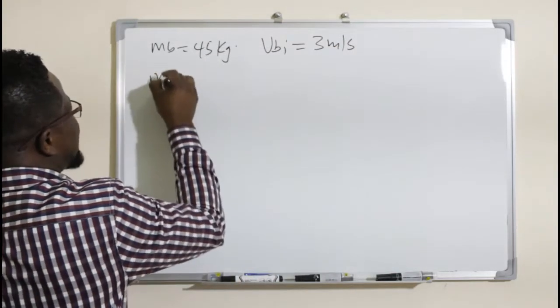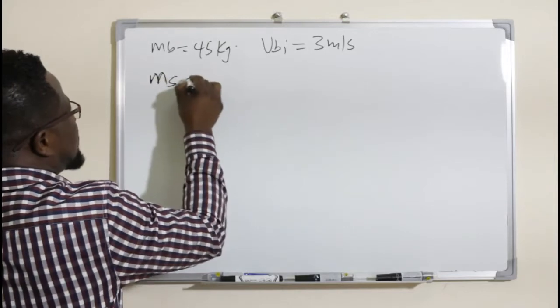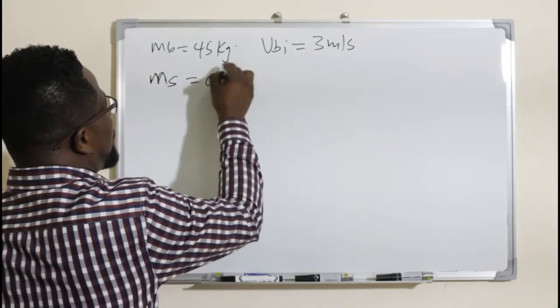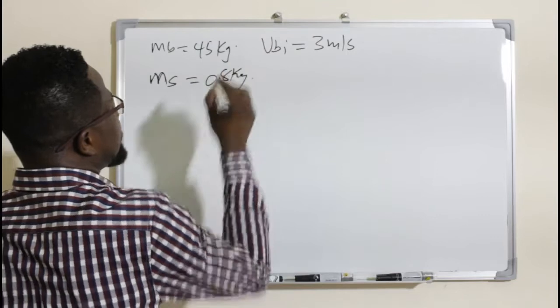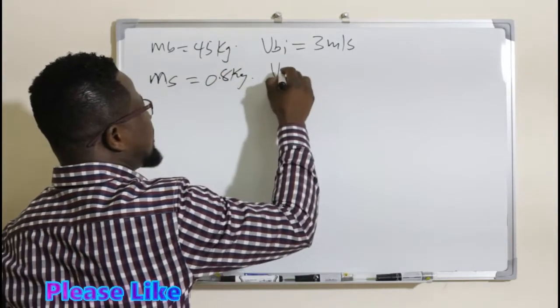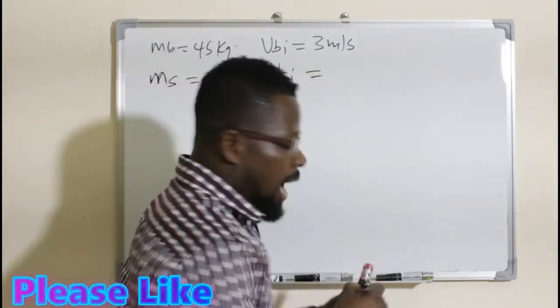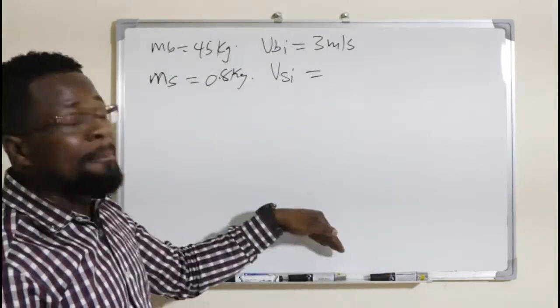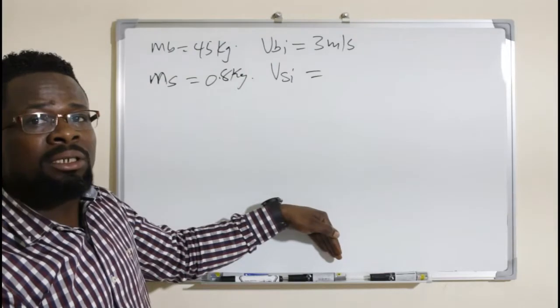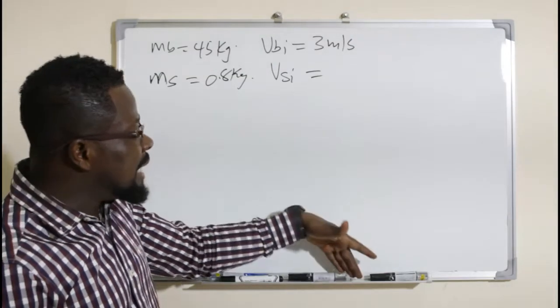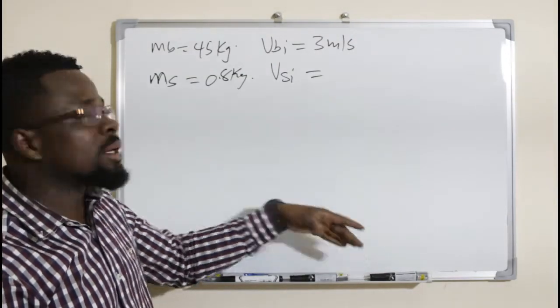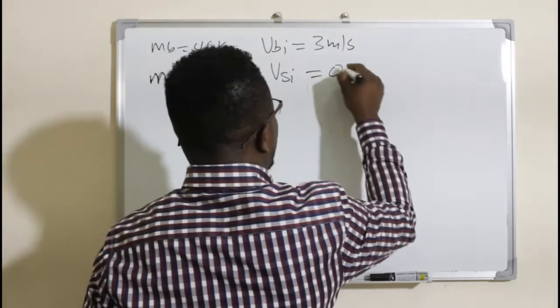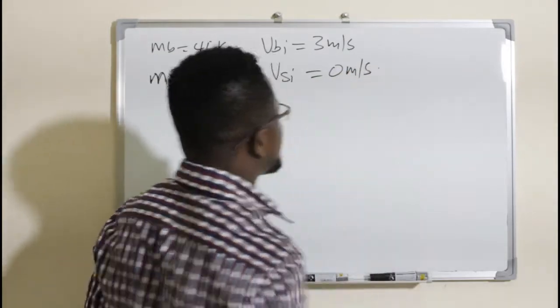Then the mass of the skateboard is given to be 0.8 kg. The initial velocity of the skateboard: now the skateboard was at a stationary position before the boy jumped on it. So therefore, the initial velocity of the skateboard is 0 meters per second.